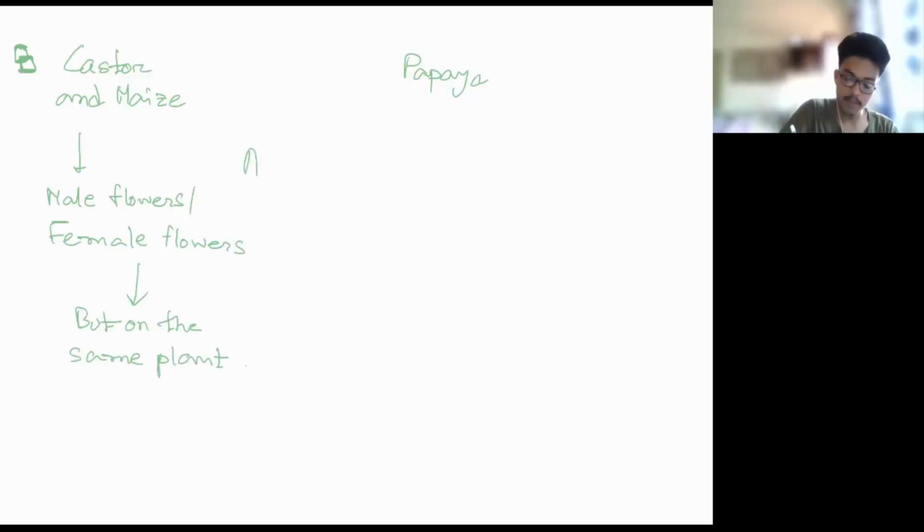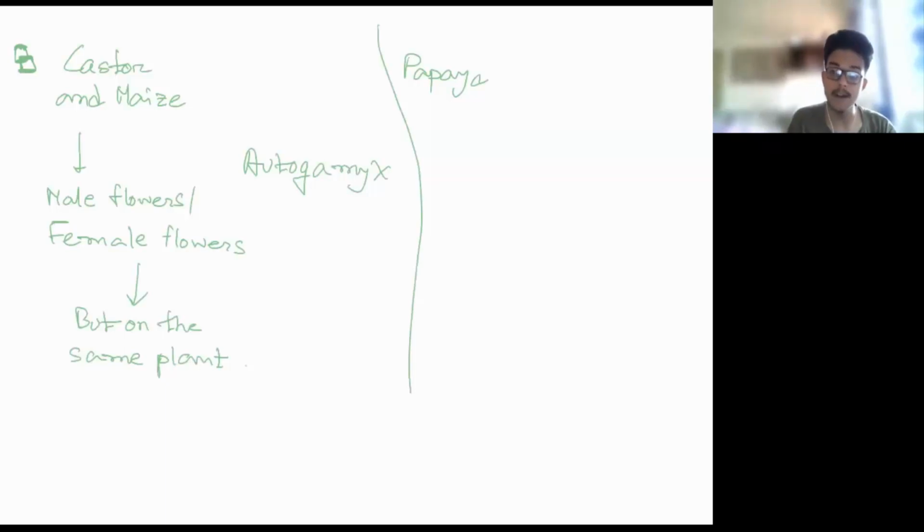So autogamy is not an option in case of castor and maize. But geitonogamy is possible because male and female flowers are present in the same plant. Right. So transfer of pollen grains from anther to stigma of a different flower but of the same plant, that is geitonogamy. It is possible.